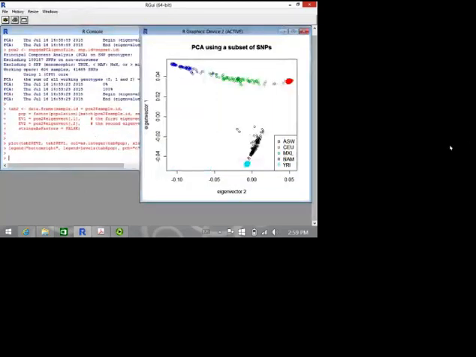If we just use a third of the SNPs, you get essentially the same structure, a little bit snipped out. Okay. So you are still able to capture the structure with a small subset. Okay, so with that, if there aren't any questions, let's take a break and we'll see you at 3:30.